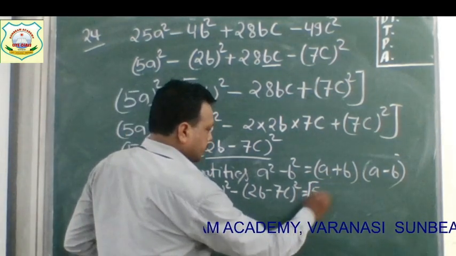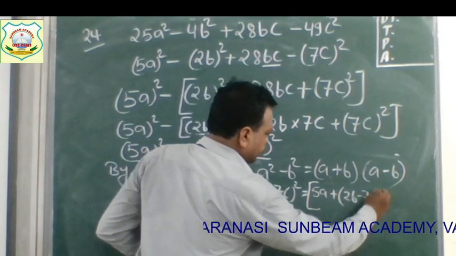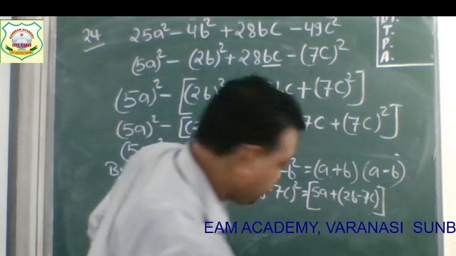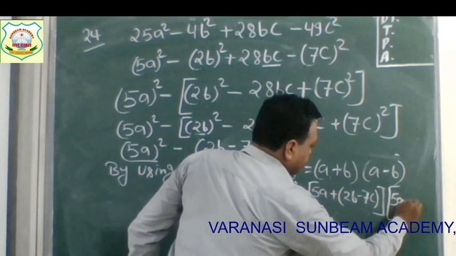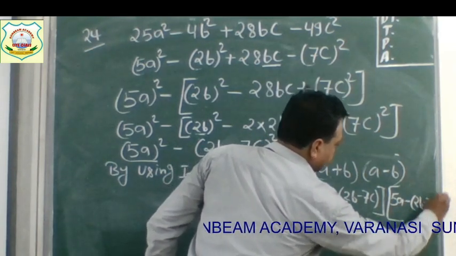5a plus 2b minus 7c. Second one, students, 5a minus 2b minus 7c.